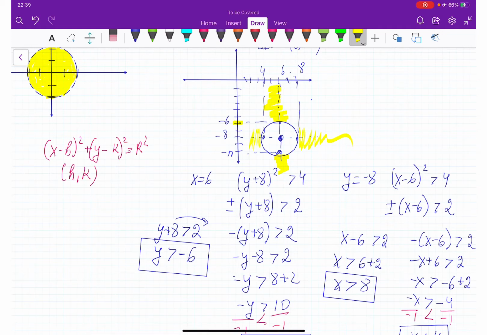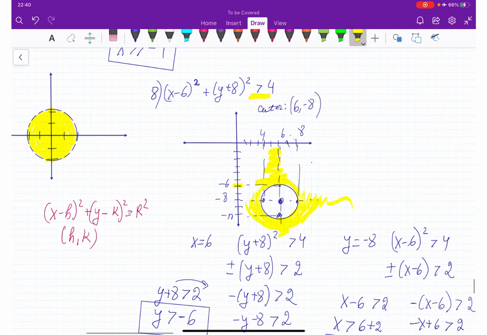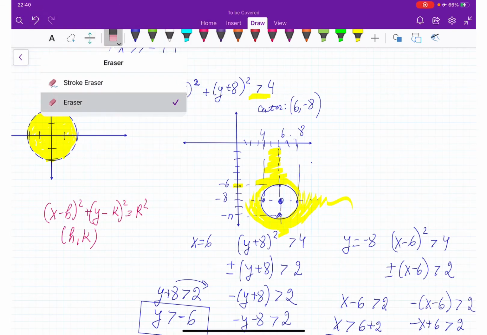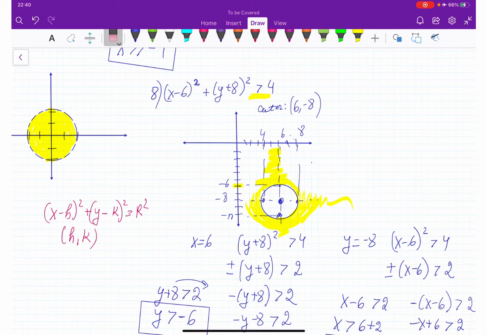Okay, so this is what's happening this time. It's shading outside the circle. So if the circle is given in the form of greater than, and because we are missing the equal sign, it's only greater than, then on top of everything I also make these dashes. Let me make these dashes.